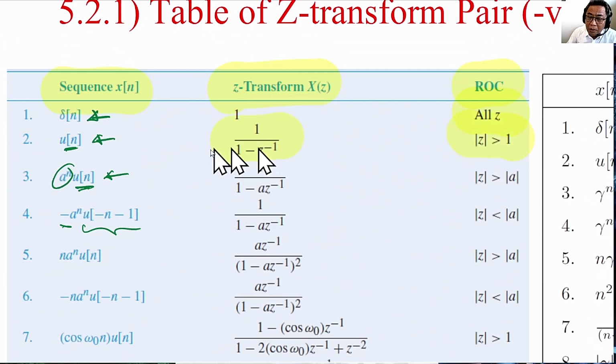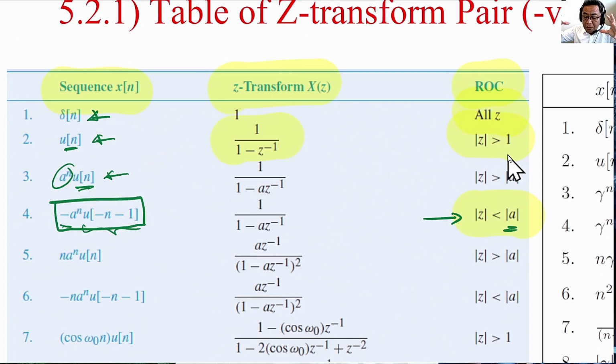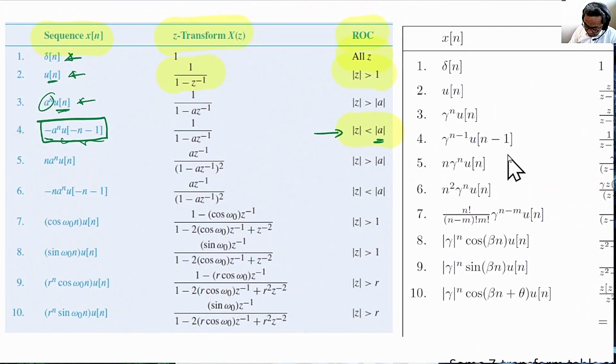So remember, whenever we have a causal signal, the convergence is always external to the largest pole. Whereas when we have an anti-causal signal, the convergence is from the pole nearest to the origin, extending to the origin. So from the region of convergence, we would know which is the anti-causal signal.